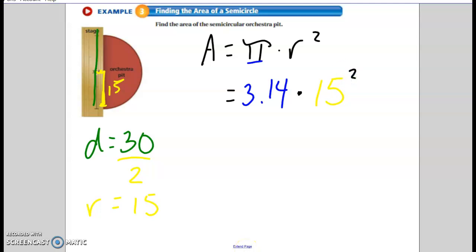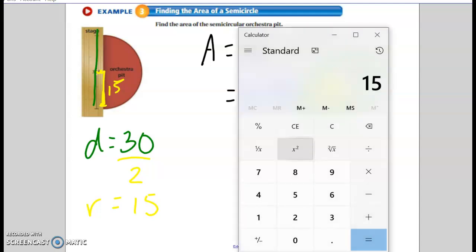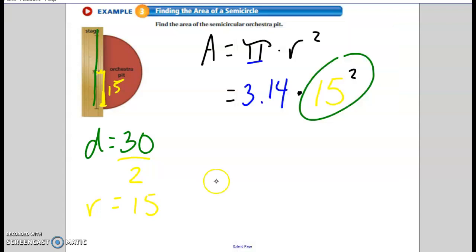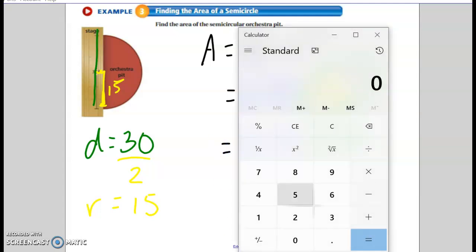I'm going to do my 15 squared first. 15 squared, remember 15 times 15, so 225. So this becomes 225 times pi, 3.14. All right, and so we have 225 times 3.14 equals 706.5.